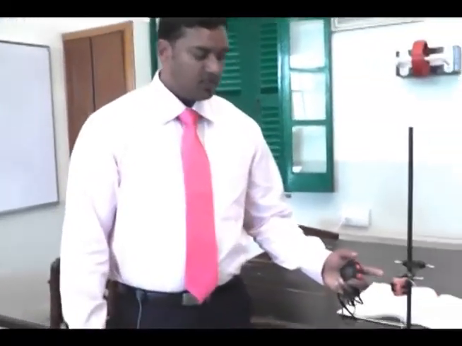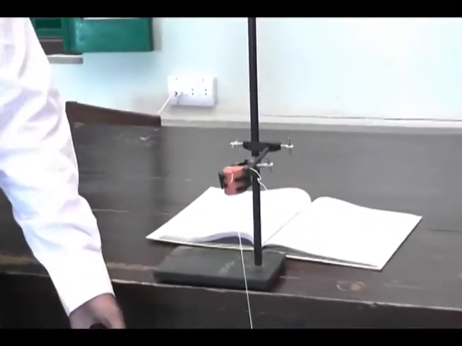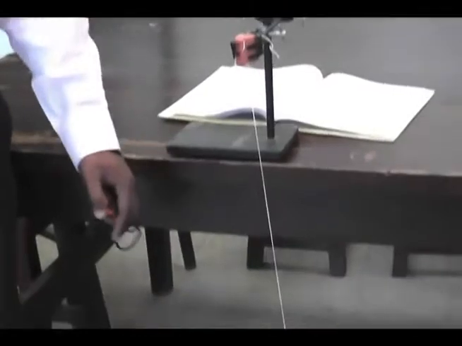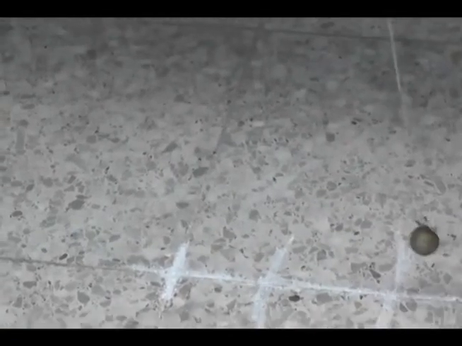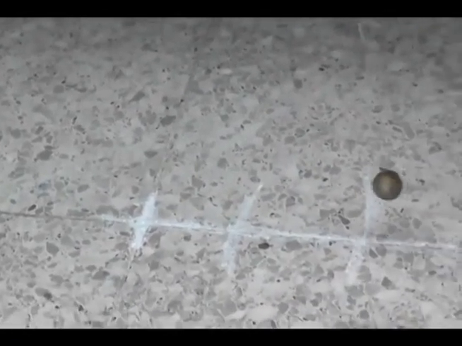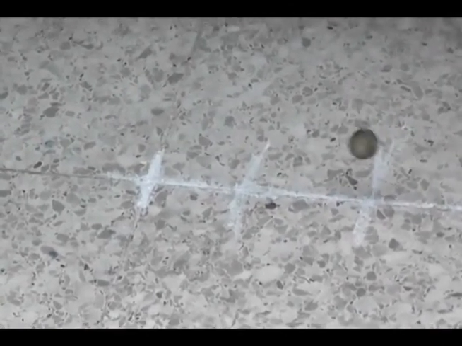Okay students, let us perform this experiment. The pendulum with the length of 100 cm is already set into vibration. We will note down the time for 20 vibrations and note this value in our table of observations and calculations.